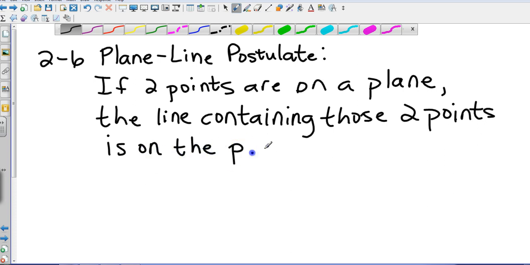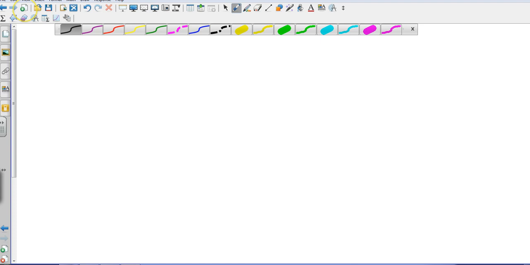So 2 random points sitting on a plane. If you connect those 2 points, they are also on the plane. And so that gets us to 2-7.